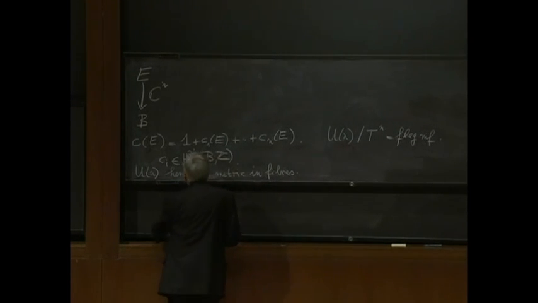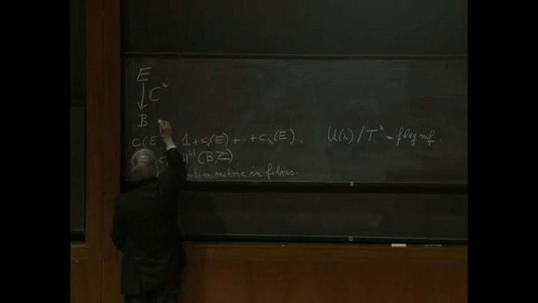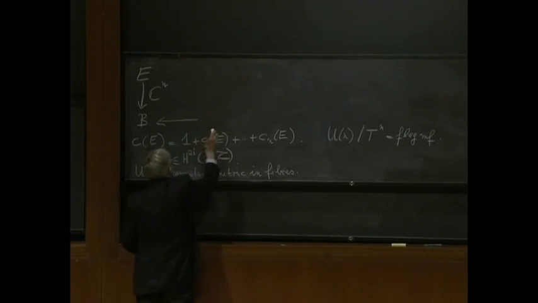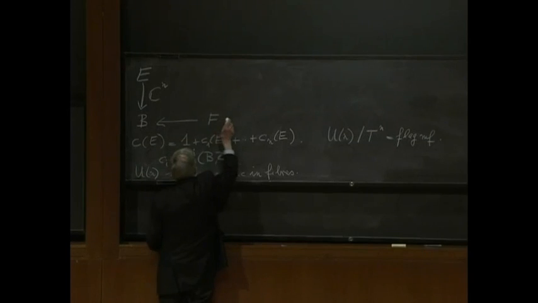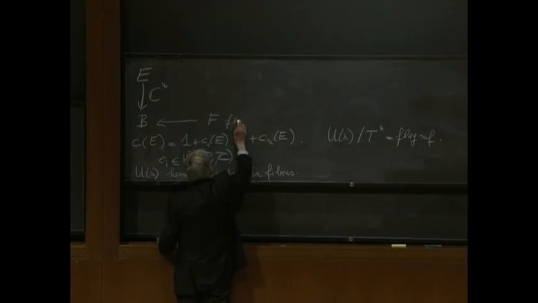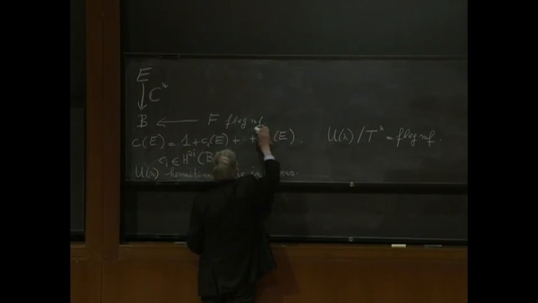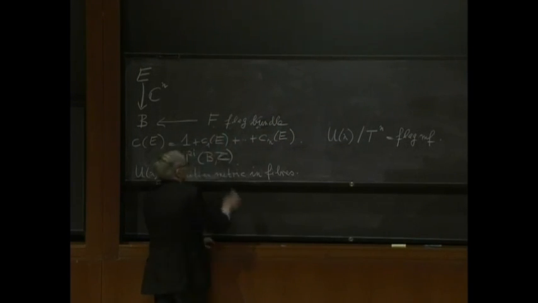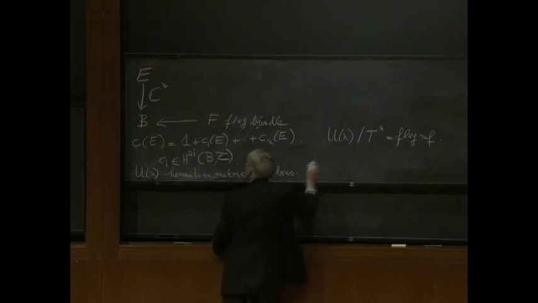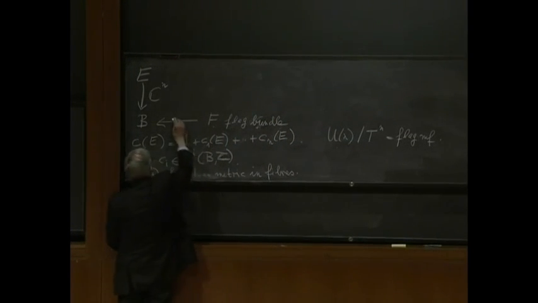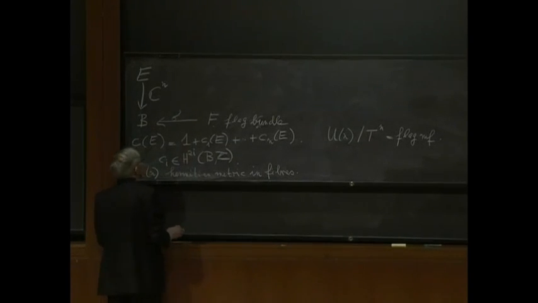And now it is possible to take the associated bundle with this flag manifold as fiber. So we can call this a flag bundle. So in this bundle, the typical fiber is this flag manifold. And the projection we call sigma.